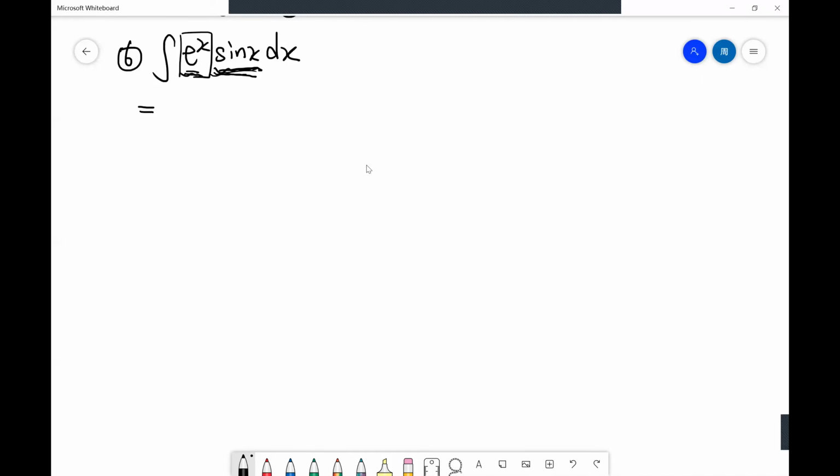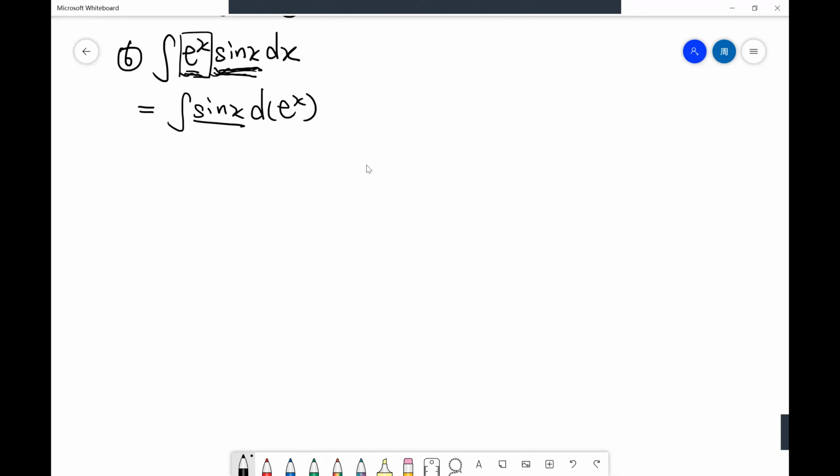So I will rewrite it as sin x d e^x. But if you choose sin x be v, u be e^x, that will be okay, that will be okay. So here, I will change it to sin x d e^x here.